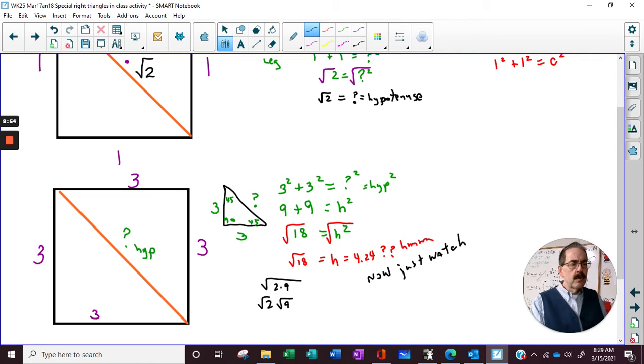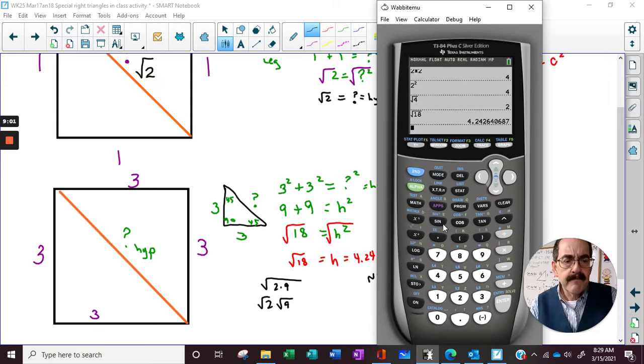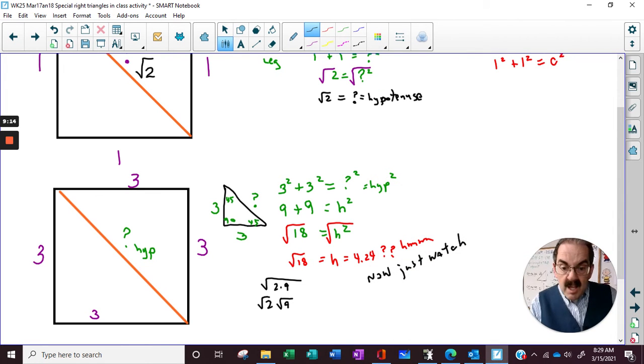Does anybody know the perfect squares? Anybody know what the square root of 9 is? The square root of 9 is 3.